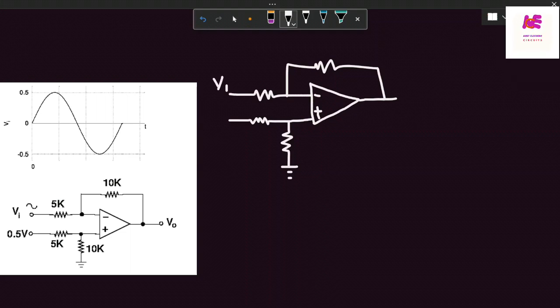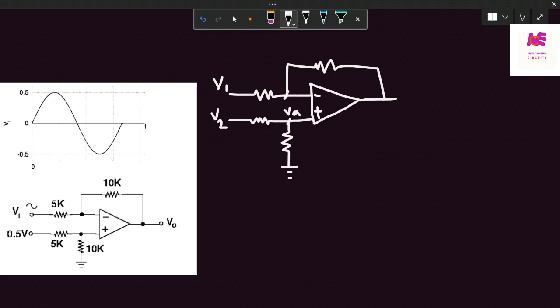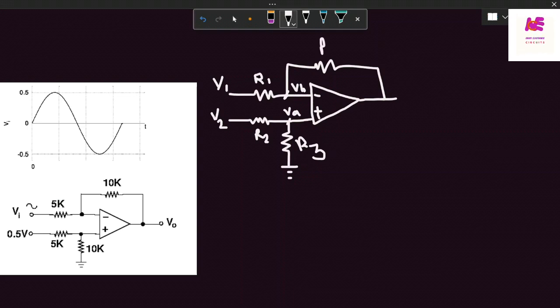Say this voltage is V1, this voltage is V2, this node voltage is VA, and this node voltage is VB. This is R1, this is R2, R3, R4, and this is the output.